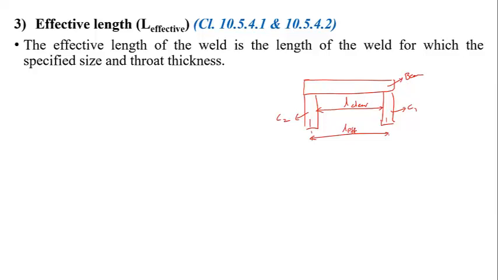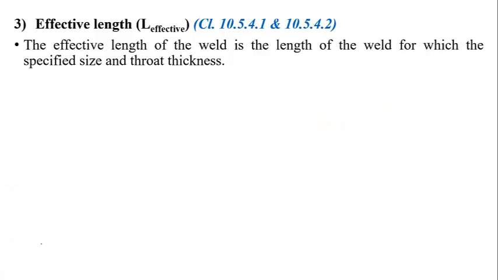Similarly, in welded connections also, the effective length of the weld is the length of the weld for which the specified size and throat thickness are provided. We will talk about this in a very detailed way while solving problems, on how to calculate the effective length. We have specific conditions for this.